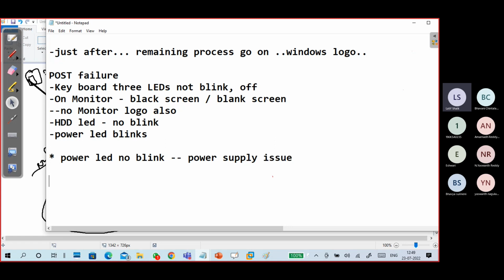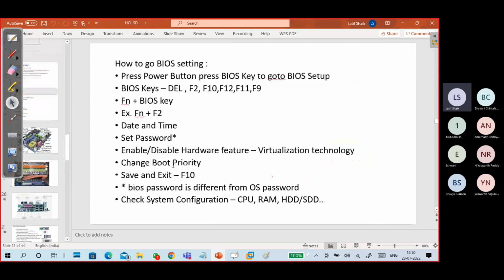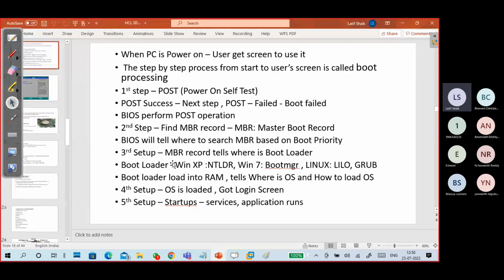So check it. SOP, standard operating procedure. You know, in the last class I told you about network troubleshooting, right? That was OS layer wise troubleshooting. This is BIOS based, POST based troubleshooting, from when you start your PC to getting the screen. When the PC is on and you finally get your own system screen like this.